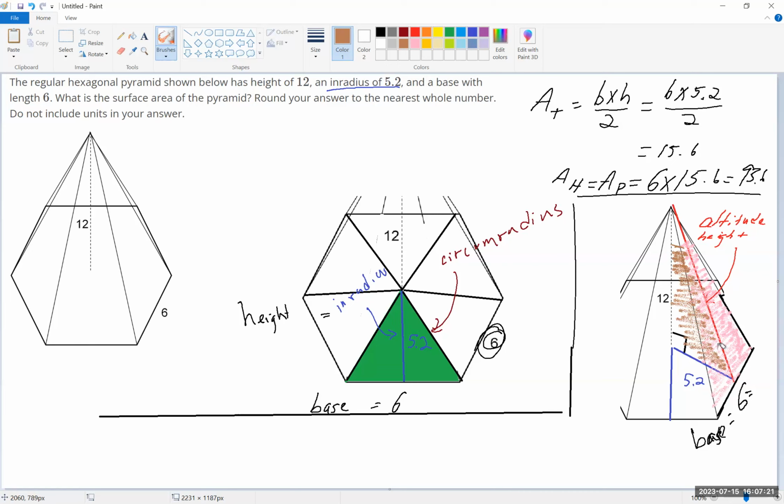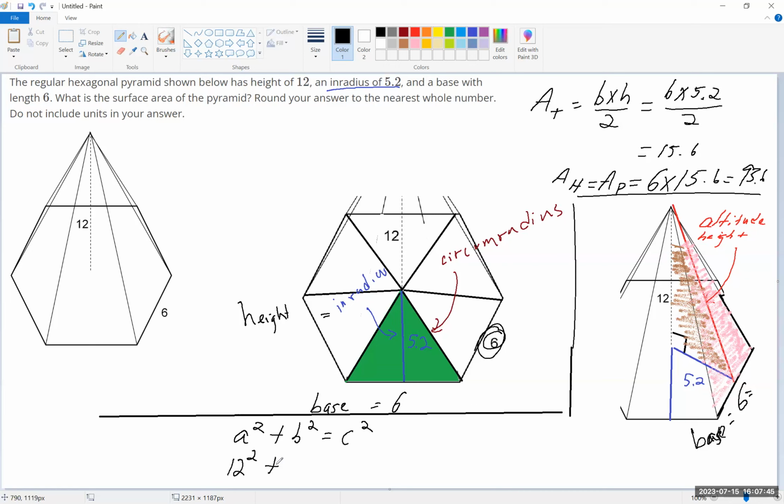And that triangle, it turns out we can use the Pythagorean theorem because it is, let's see, a squared plus b squared equals c squared. The a is 12.